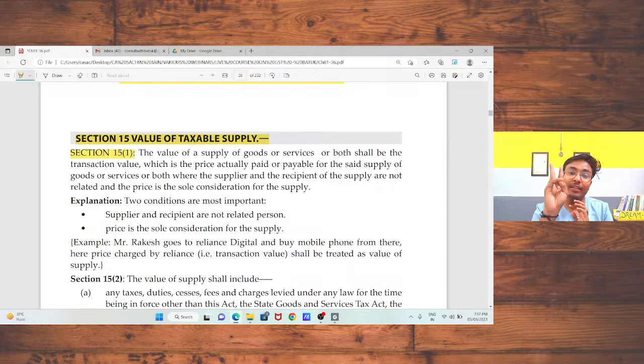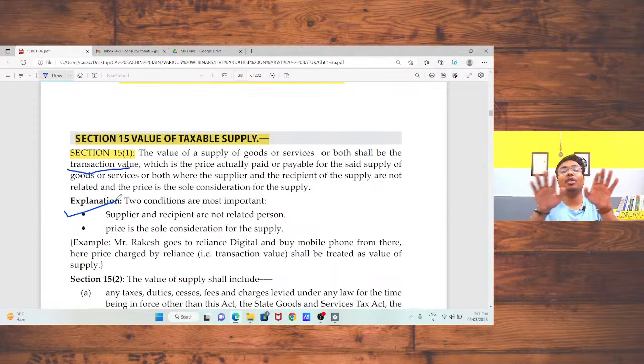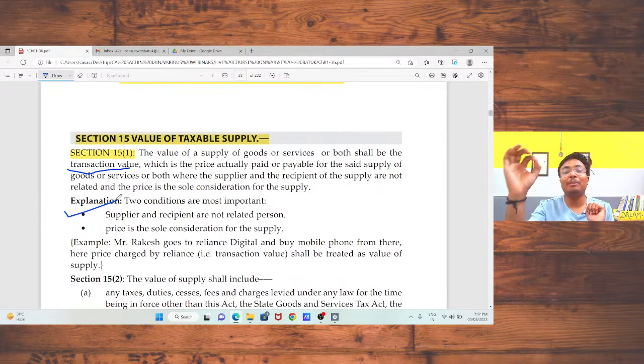Why? There are two mandatory conditions. Transaction value is your value of supply if supplier and recipient are not related persons. Mukesh Ambani is not my related person. Hence, the first condition is satisfied, that supplier and recipient are not related persons.